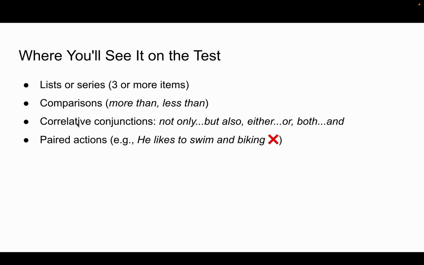Testing it on what are called correlative conjunctions, so where you'd say not only, and then you have a but also, either, or both, and, right? These are the things that you want to pair together. And then again, you would have these paired actions, like he likes to swim and biking. Again, correct version of this is he likes swimming and biking, or he likes to swim and to bike.